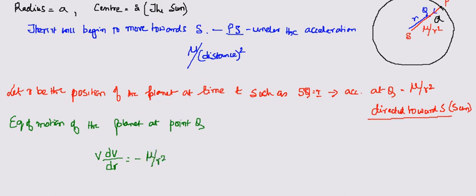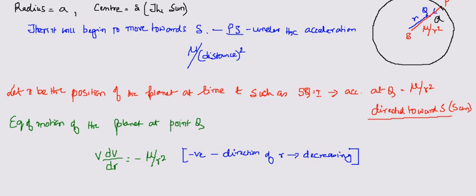Now why this negative sign? This negative sign is taken as the acceleration at Q is in the direction of r, and the acceleration is decreasing. So due to this, we have taken this minus over here, minus mu by r square.